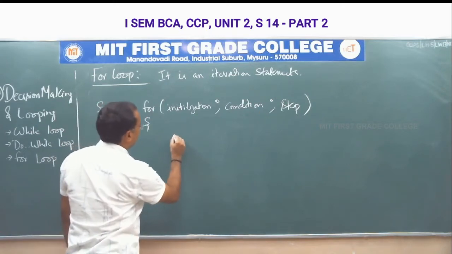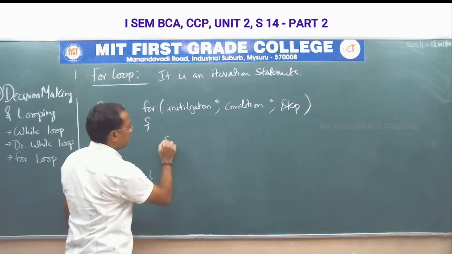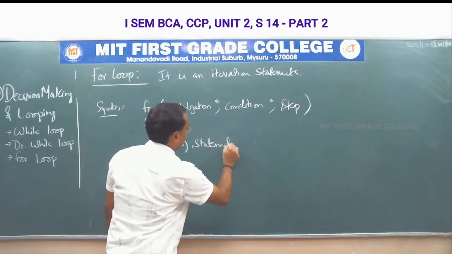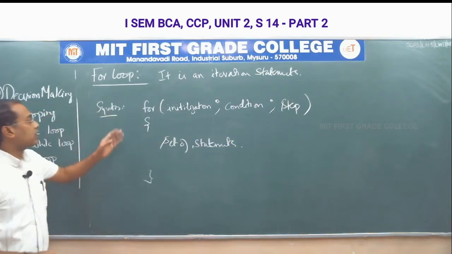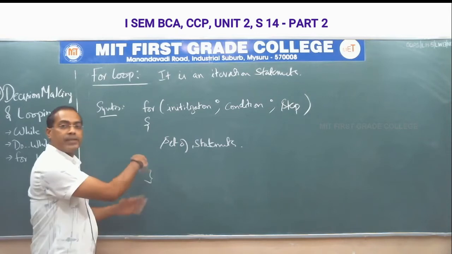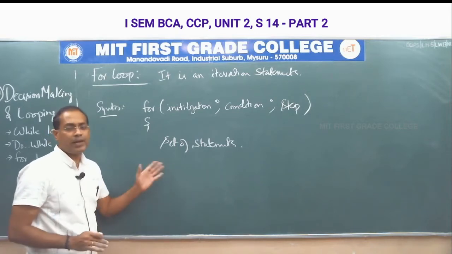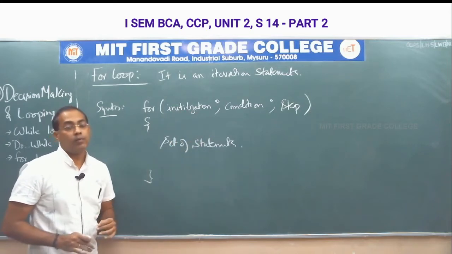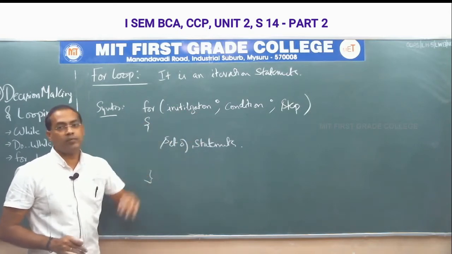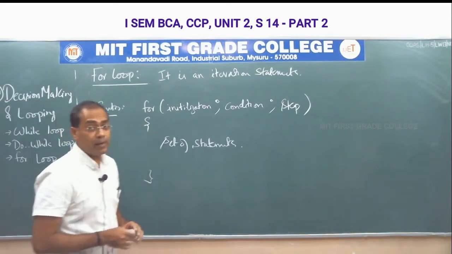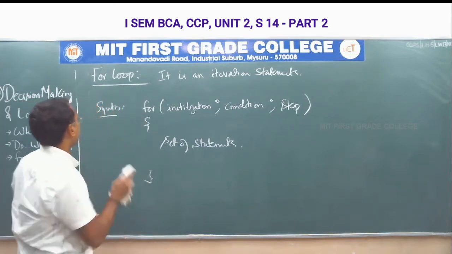Inside the curly brackets is the set of statements. So now students, here you don't have to write i++ or i--. You don't have to do all those things. Everything will be taken care of in the syntax itself, that is the header of the for loop. Let's take an example to better understand.